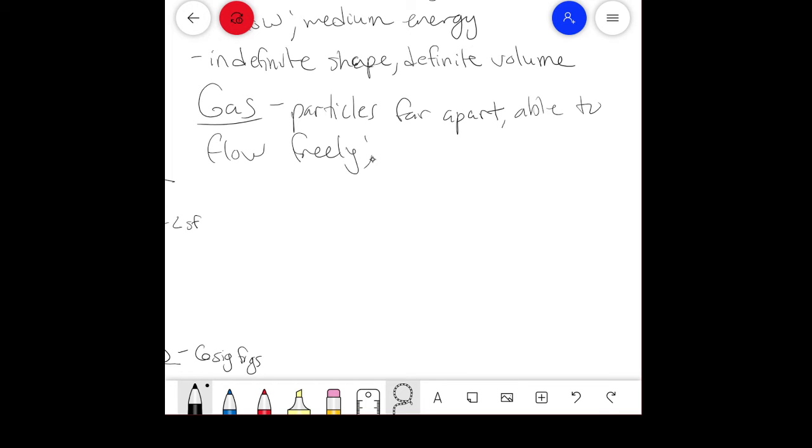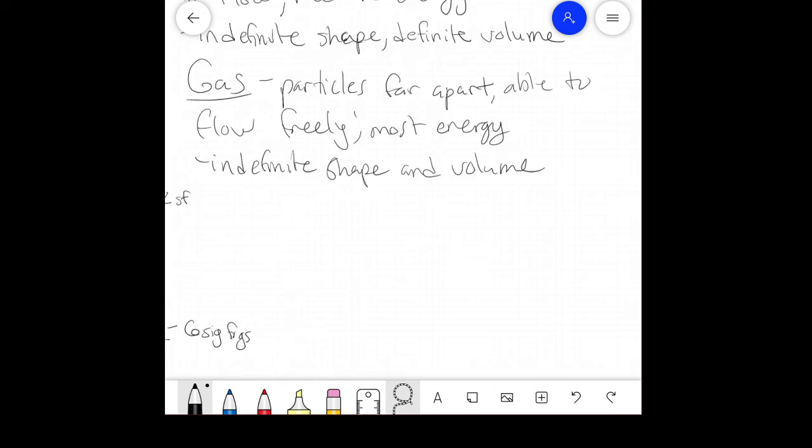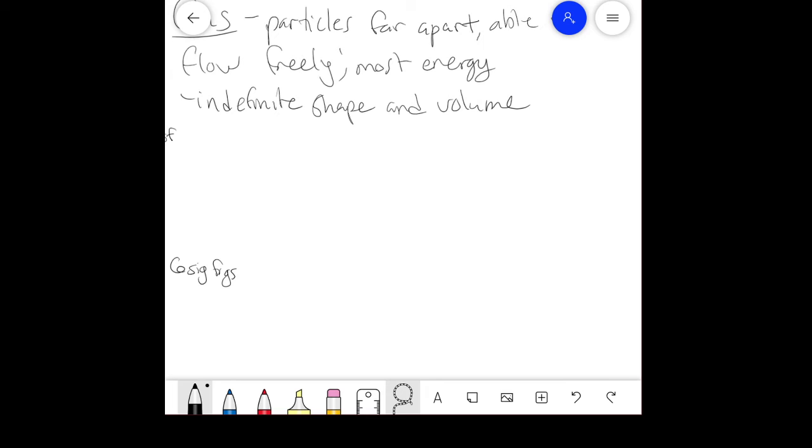It has the most kinetic energy and the most temperature out of the 3. And then it has indefinite shape and volume. You can just catch a bunch of air in a container. You never know how much you're going to get, how many particles.